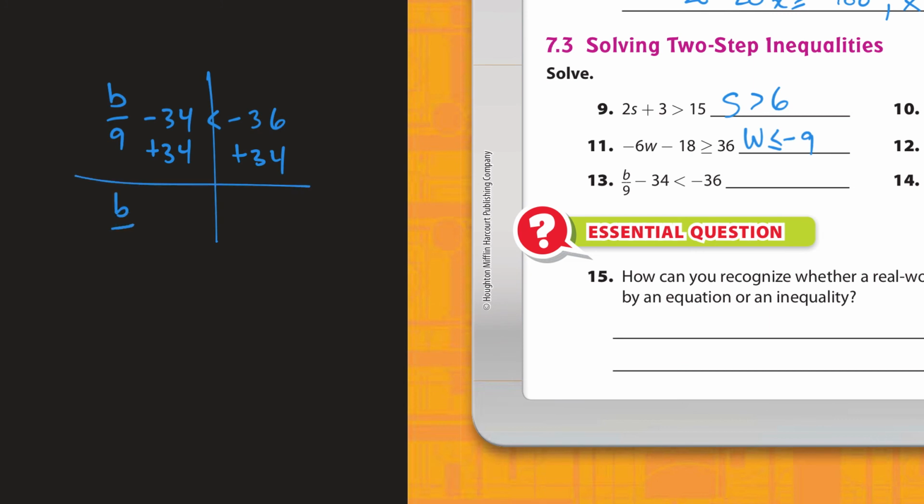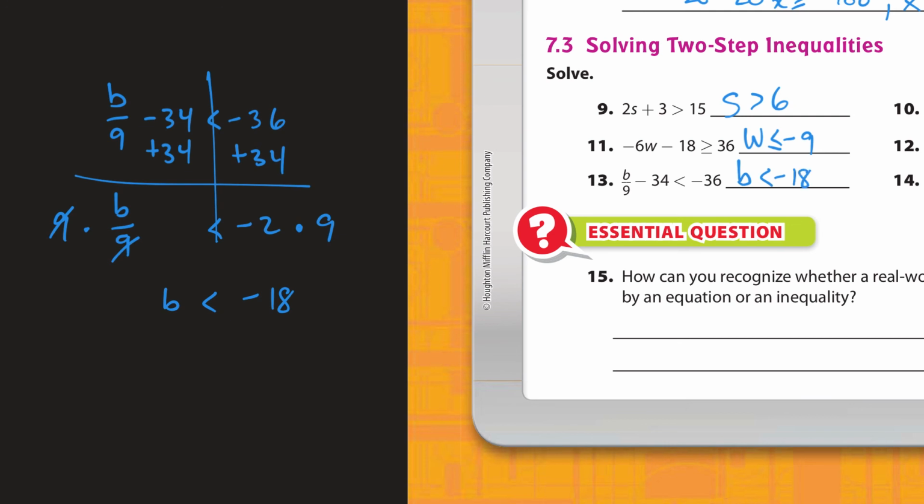And we have b divided by 9 is less than negative 2. I get negative 2 because these are different signs, and then I just subtract them. This is division. The inverse of division is multiplying, so I have to multiply by 9. These would cancel, but I have to do it on this side too. And negative 2 times 9 is negative 18. So b is less than negative 18.